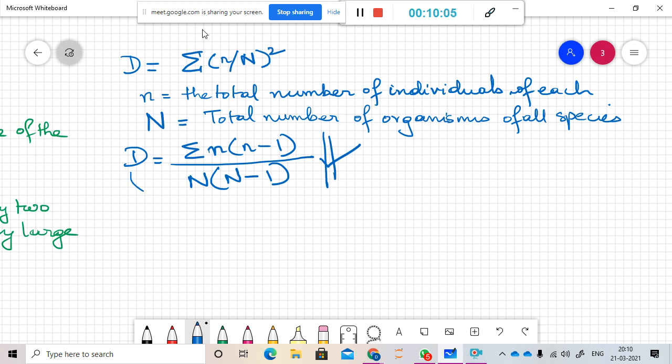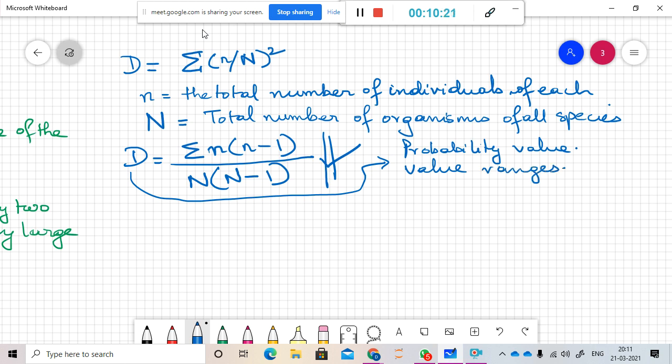So D is basically a probability value. The value ranges from 0 to 1.